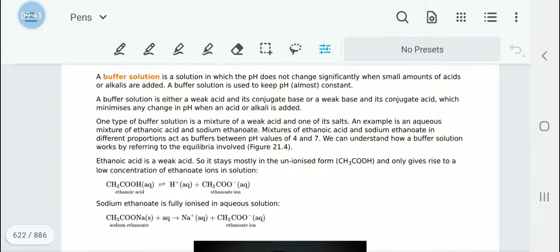Usually for acid pH values, a buffer solution is a mixture of a weak acid and its conjugate base.